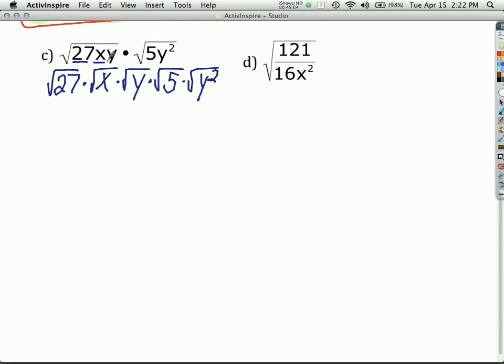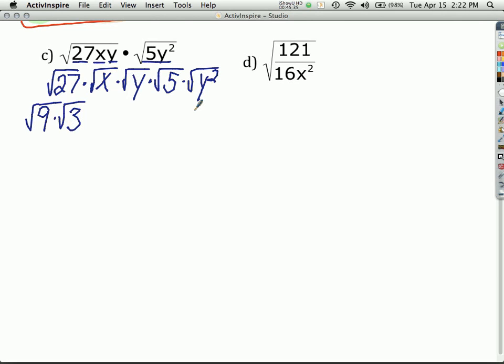Each factor was separated into its own radical. Anything that can be separated any further? Anyone see anything that can be separated further? John? Yeah, split it to what? Very good. So this can be split into radical 9 times radical 3, and then the rest, we'll just leave it alone.